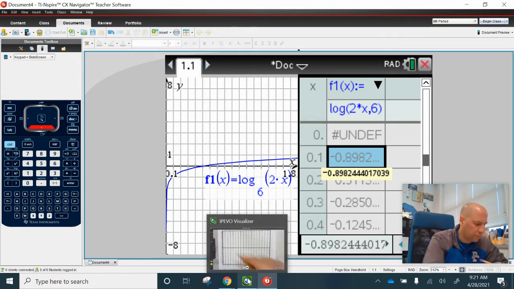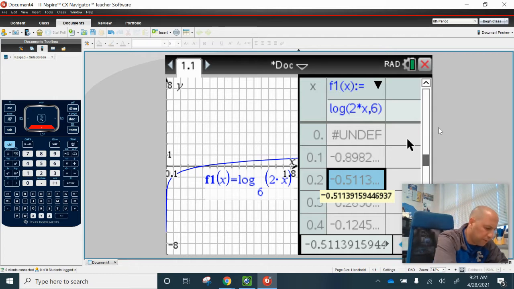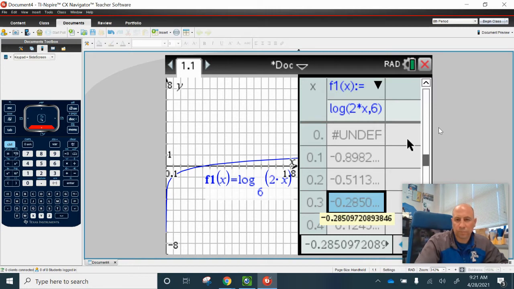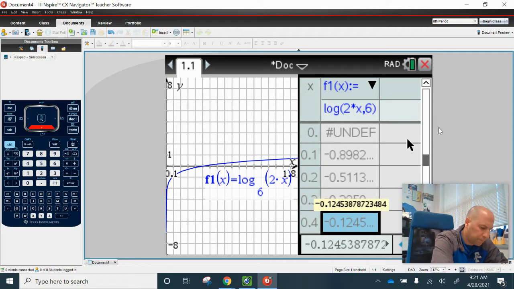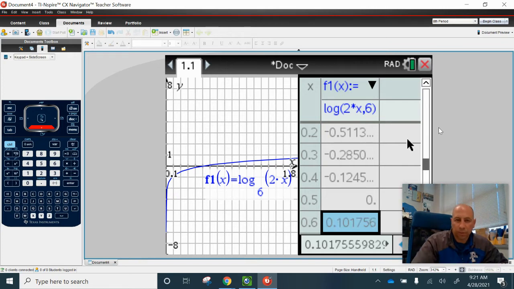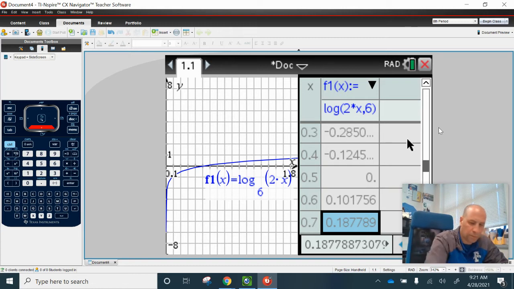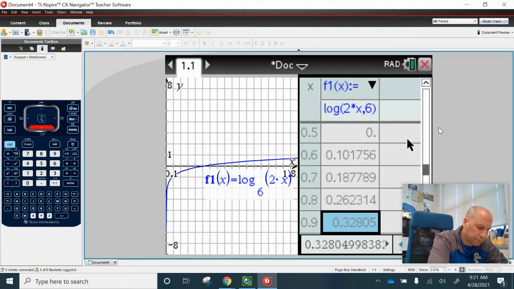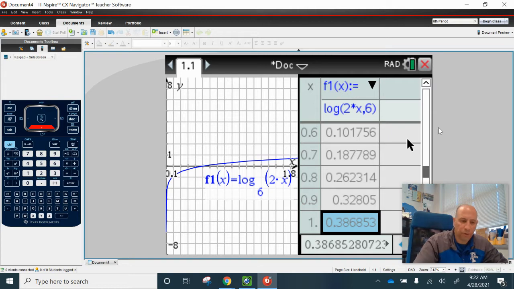Let's graph that point. 0.2 is -0.5. 0.3 is -0.2. 0.4 is -0.1. 0.5 is 0. 0.6 is 0.1. 0.7 is 0.18. 0.8 is 0.26. 0.9 is 0.3. 1 is 0.38. 1.1 is 0.44.